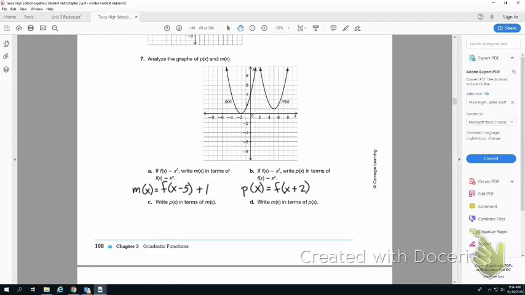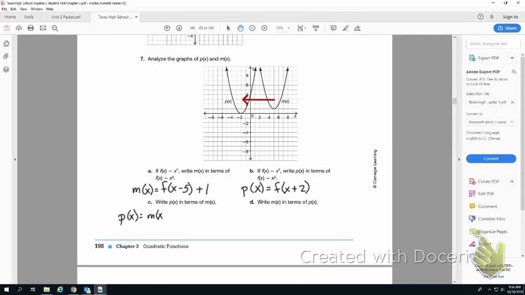So we're writing P of x in terms of M of x. That tells me that I'm going from M of x to P of x. So I'm thinking about going from the one on the right to the one on the left.